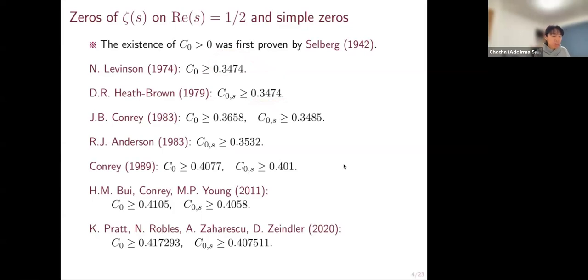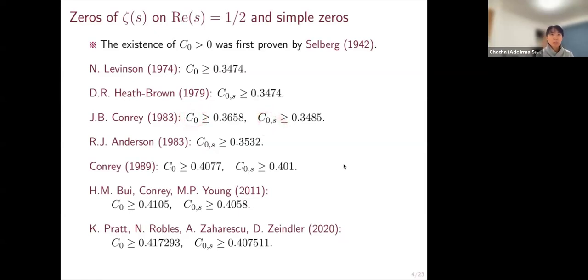Then we couldn't get far beyond this, but there were a couple of improvements, and I tried to list them as completely as possible. I think the first time was in 1983 due to Conrey. We went up a little beyond 36%, but this is the first time you don't get exactly the same proportion for both critical zeros and simple critical zeros.